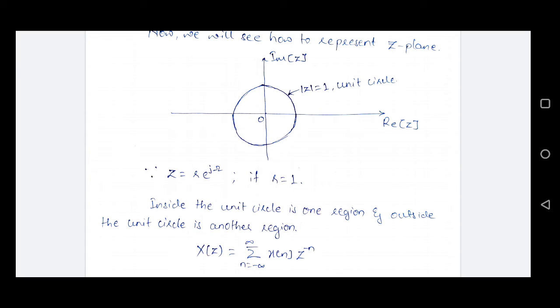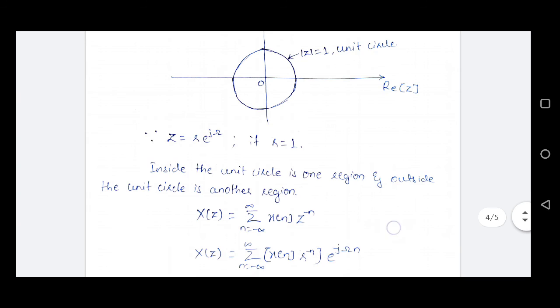So this circle designates the region. Inside of this unit circle will be one region, and outside of this unit circle will be another region, which will be used to define the nature of the discrete time signal, or the Z transform X of z. We'll be looking into the details of this region of convergence in the next class.